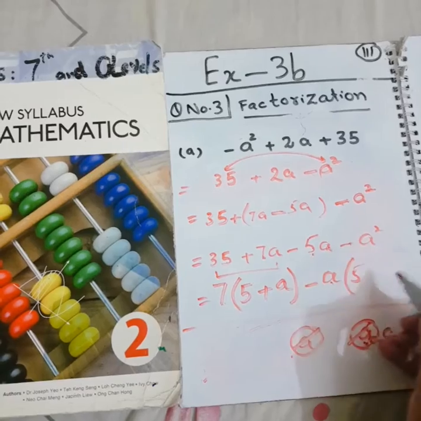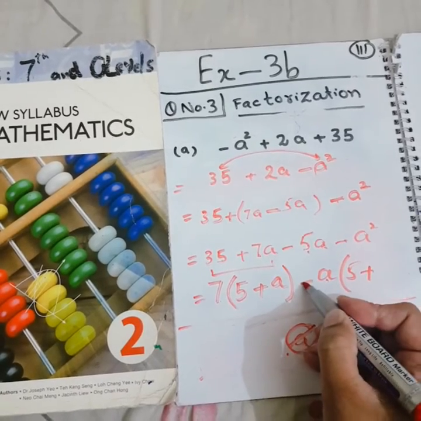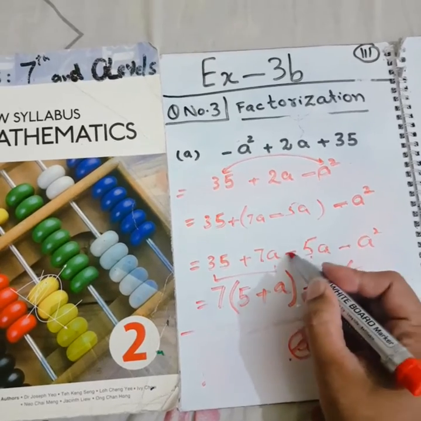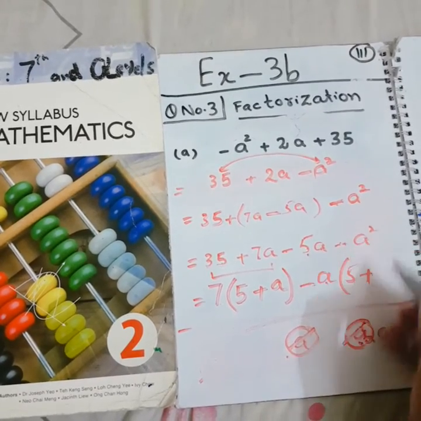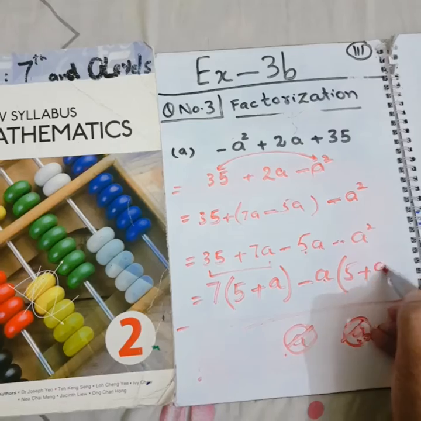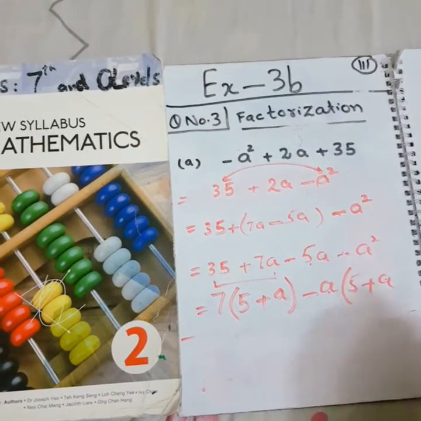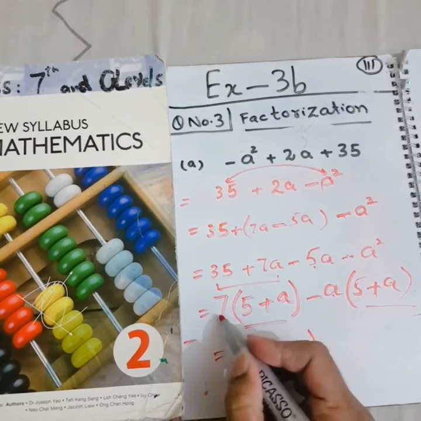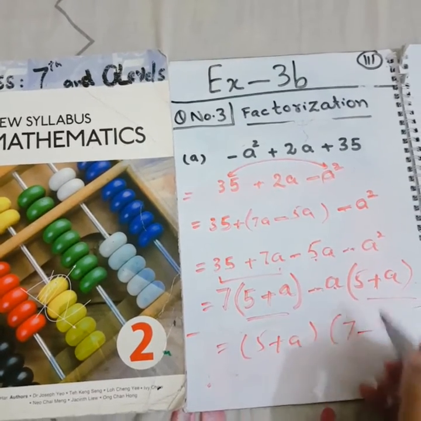In place of this minus sign, I shall place a plus sign, because there was a minus sign outside, and because of this minus sign, the sign inside the bracket will be changed. Minus minus plus, and these are 2 a's. 1a is common outside, only 1a shall be written. Now you will notice that these two things are common. They will be written only once. 5 plus a and 7 minus a.